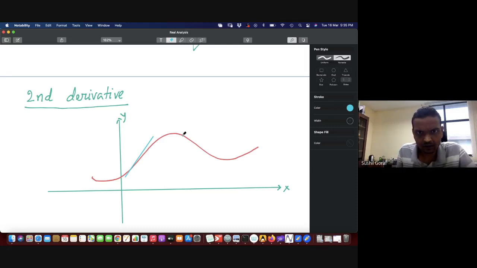If we look at the tangent here, it will be something like this.